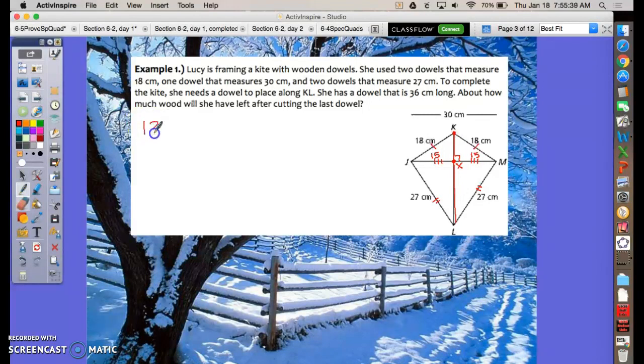So I'm going to have 18 squared equals 15 squared plus KX squared, the length of KX, and I'm also going to have that 15 squared plus XL squared equals 27 squared. So take a minute, solve that, finish the problem, pause it, and then press play to see the answer.